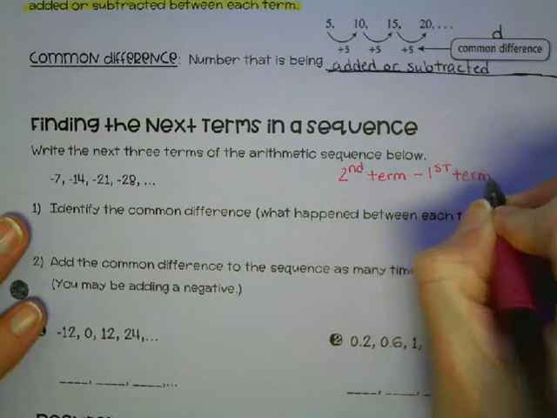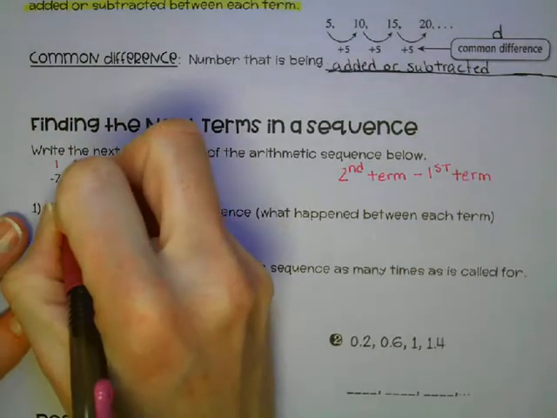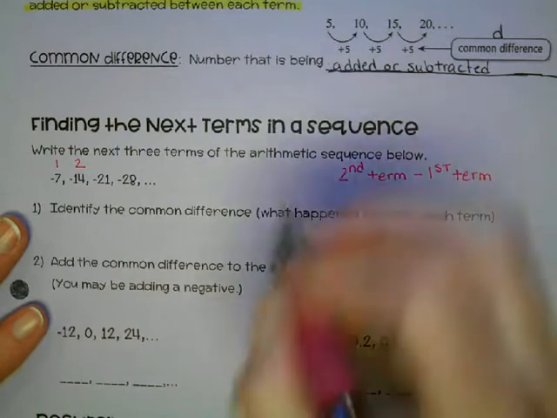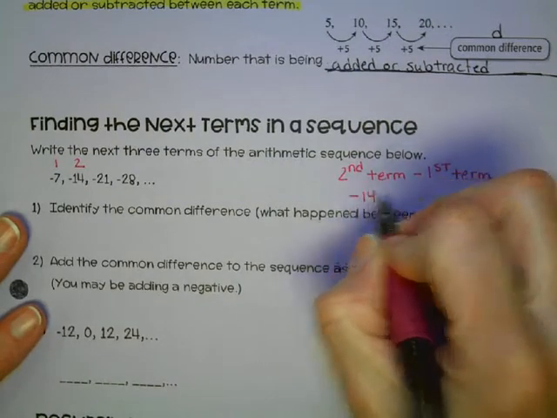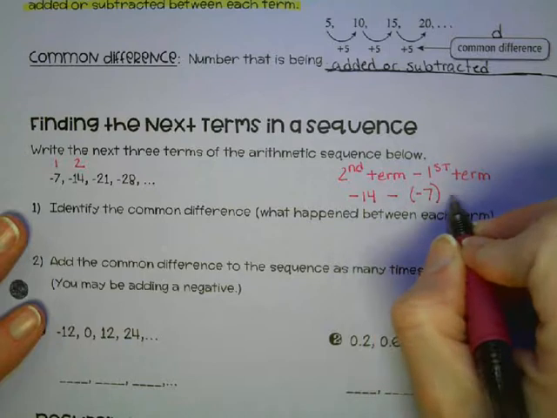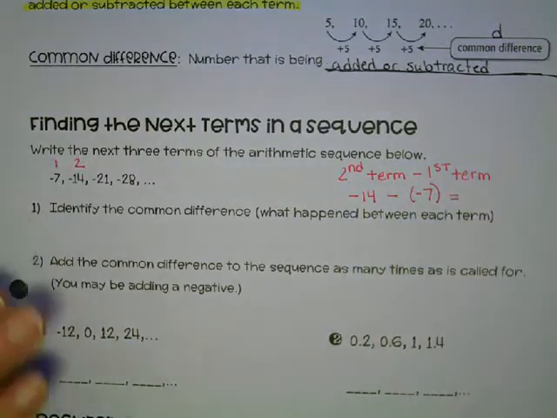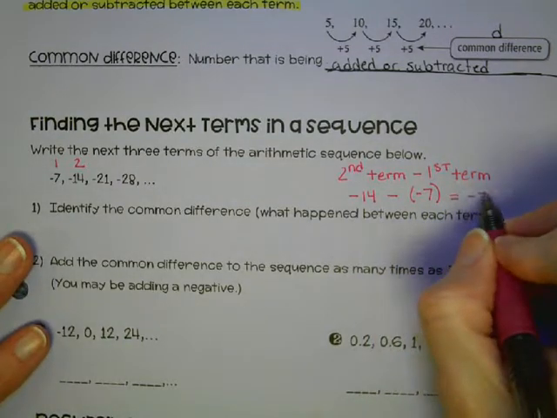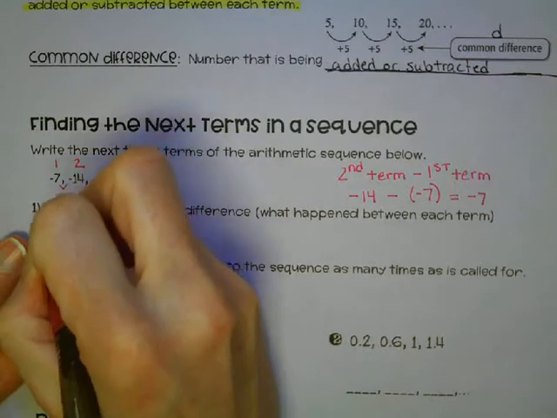So if you take negative 14 minus negative 7, that equals negative 7. So the difference between these two is negative 7.